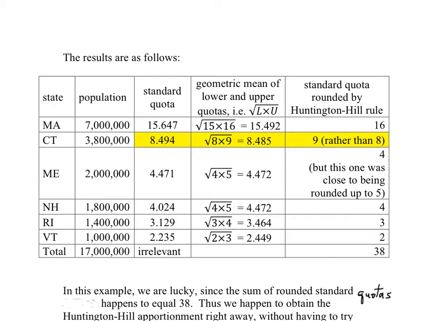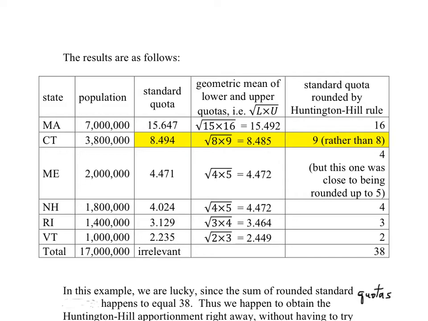All right, so how does this turn out according to the Huntington-Hill rounding rule? Massachusetts has a standard quota greater than the rounding cutoff, so we round up. Connecticut has a standard quota greater than its Huntington-Hill rounding cutoff, so we round up. Notice, Webster would have looked at this number and said, oh, it's less than 8.5, so you round down.